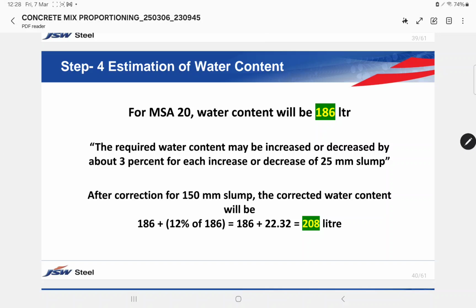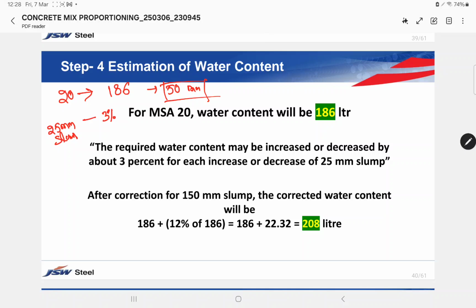What it means, for 20 mm the required water content is 186, but this is valid when you require only 50 slump. But if your required slump is above this value, then for each additional 25 of slump you need to increase this water content by 3%.